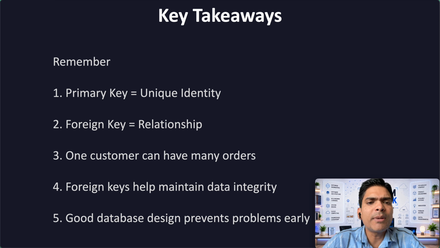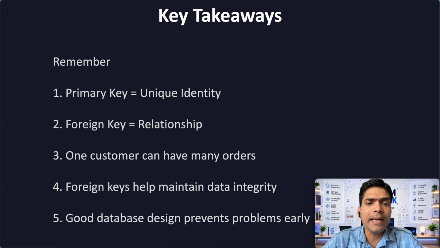Let's quickly summarize today's episode. First, a primary key uniquely identifies a record. Second, a foreign key connects records between tables. Third, foreign keys are commonly used to represent relationships such as one customer having many orders.